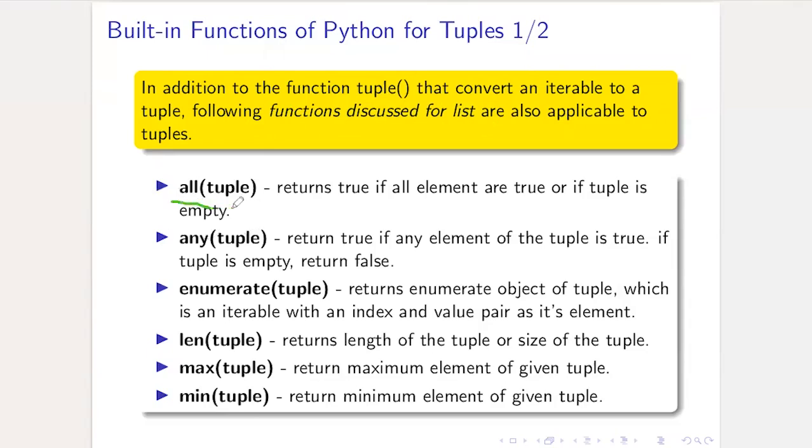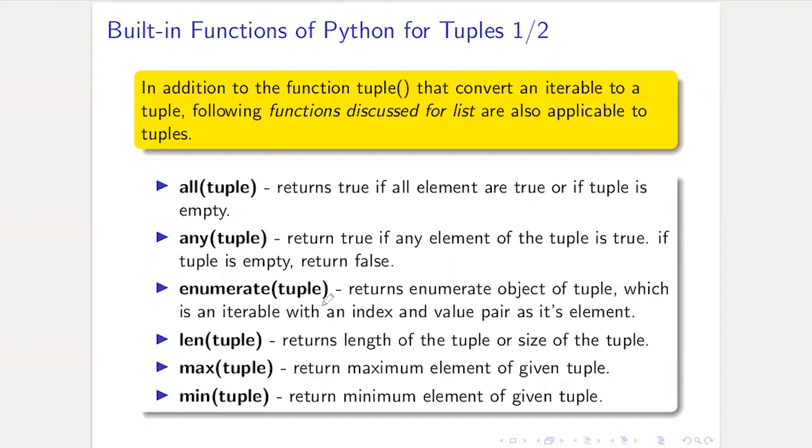For example, all behaves like the logical AND statement. Any behaves like the logical OR statement, and we can enumerate, so that if we have a tuple, we can give a value to each of the items.